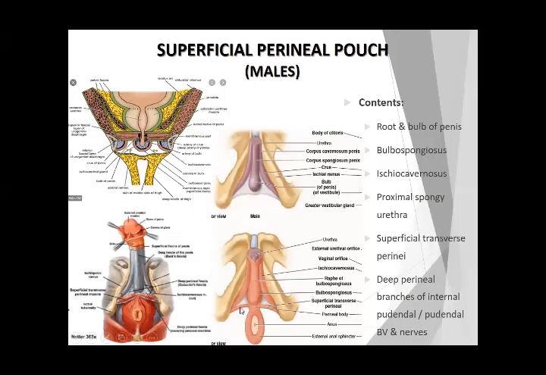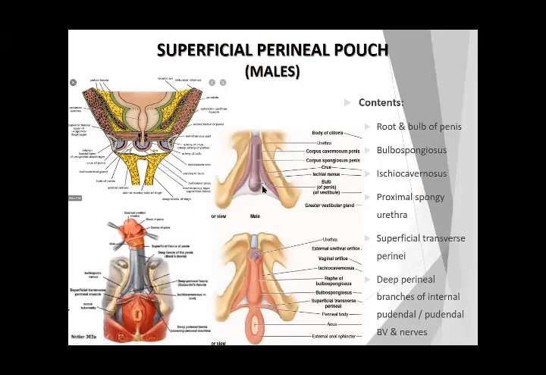Then this is the superficial transverse perineae, attached to the posterior margin of the outer or inferior surface of the perineal membrane. And then, of course, you have nerves and blood vessels lying in this area.